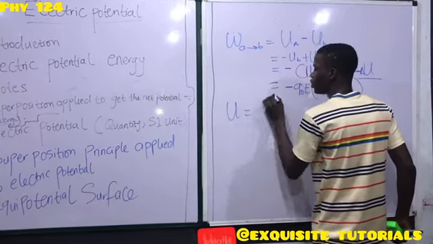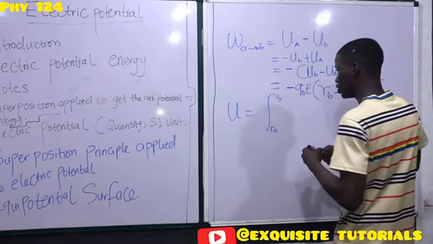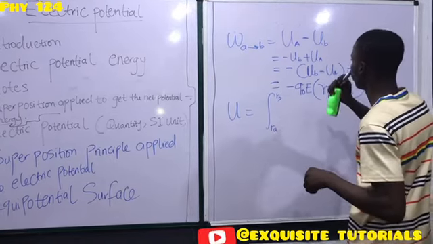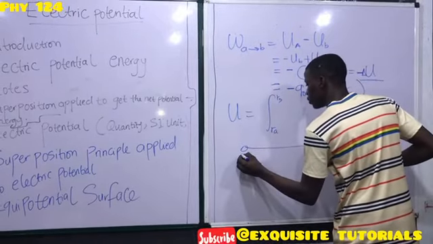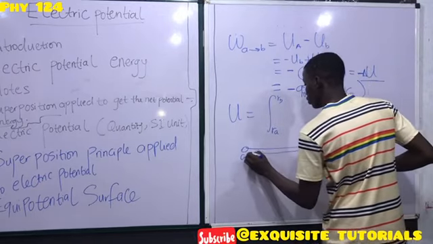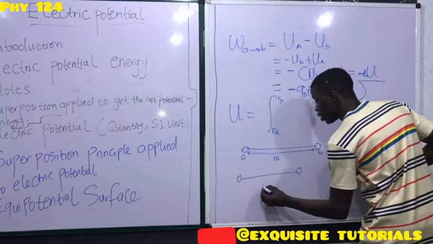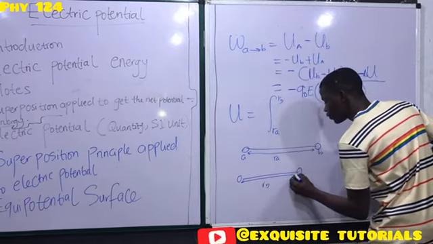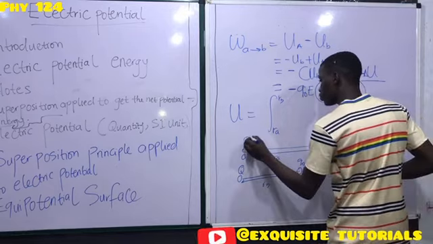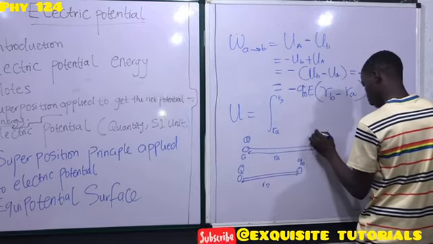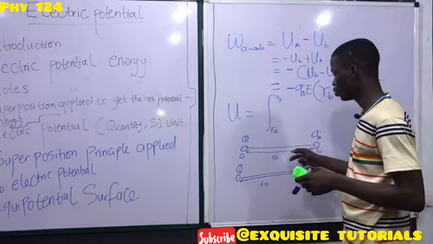Our U is equal to the integral from r A to r B. This time the electric potential energy for the diagram I drew earlier, that involved 2-point charge AB, one r A and the other r B. This time the charge was brought closer to this point.